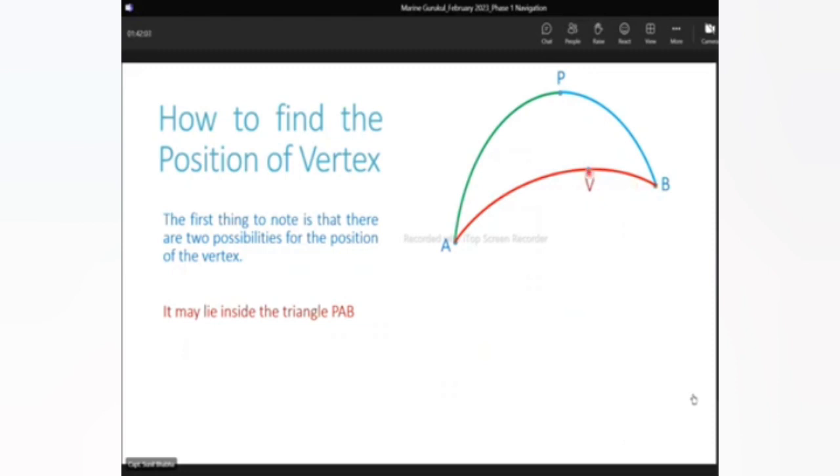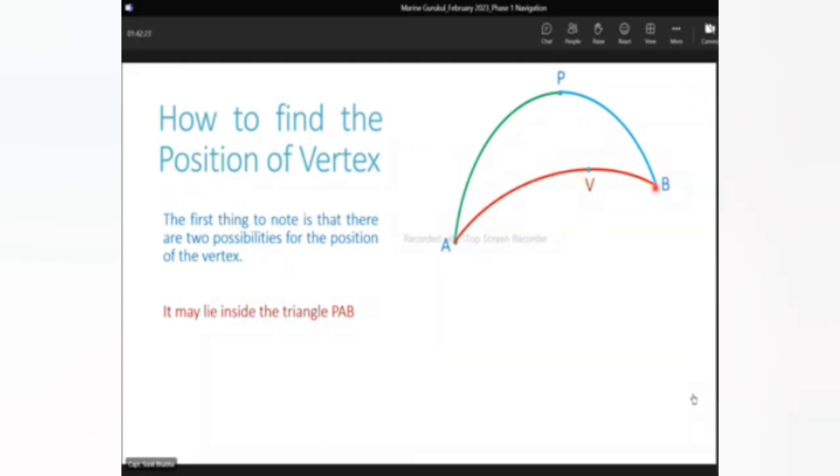You can see this in the diagram. We have represented the vertex by point V, and in this particular case the vertex lies inside the triangle PAB, or the vertex lies in between our initial and final positions.